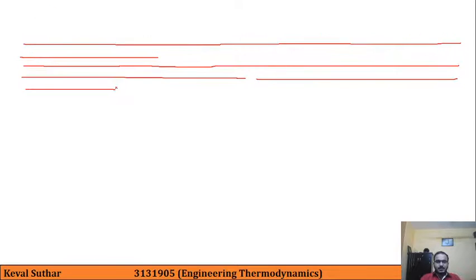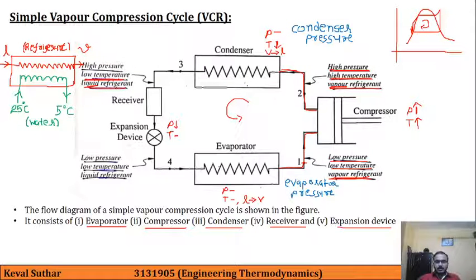So here in this figure, the temperature of refrigerant here must be greater than the temperature of cooling medium in condenser, because that is the necessary condition for transfer of heat in condenser.